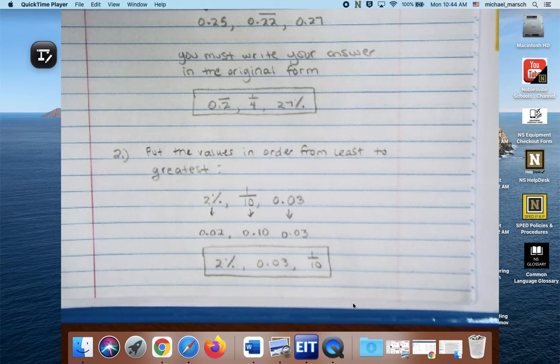Anybody have questions on how to compare fractions, decimals, and percents? Does anybody have a different strategy you would use besides just converting to decimals? I'm just curious. Like, there's no wrong answer here. Does anybody have a strategy they prefer or they've used in the past? No? Decimals is how you go?